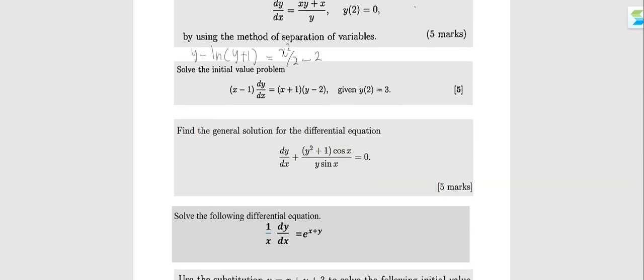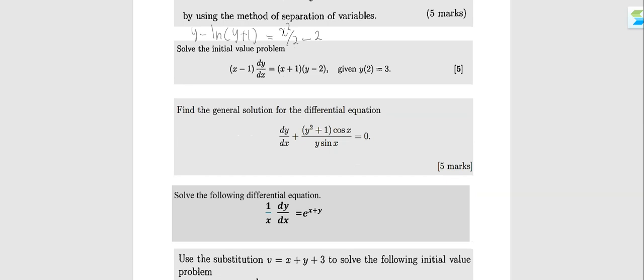For number 2, y equals x minus 2, then x minus 1 square plus 2. Plus 2 because we have the condition there. And then number 3, general solution.